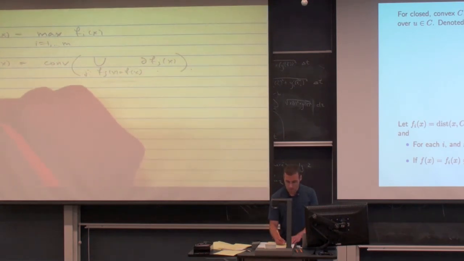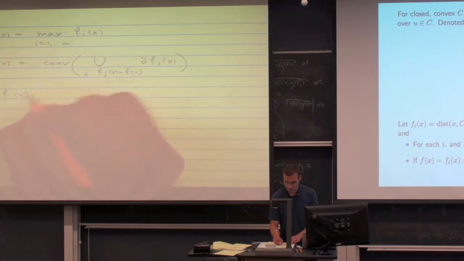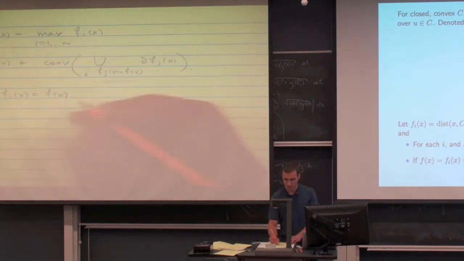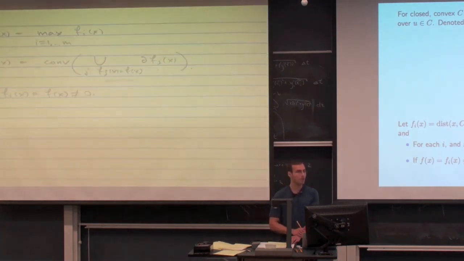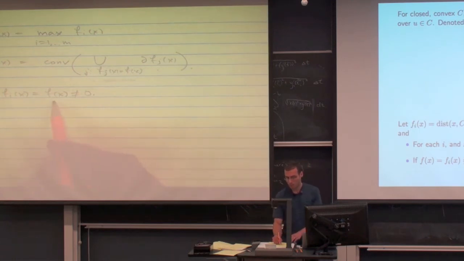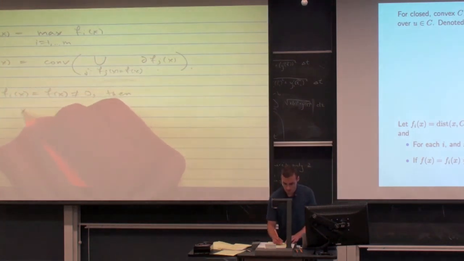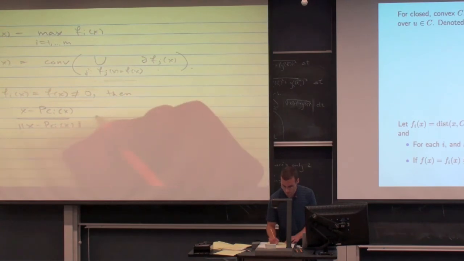I'm saying that if I happen to have a function such that it actually achieves the maximum, and I didn't want that maximum to be 0, because we only derived subgradients when x was not in the set. But again, this is not important, because if this is ever equal to 0, we're going to stop the algorithm. We wouldn't be computing subgradients in the first place. Then I can just take this to be a subgradient of f at x.